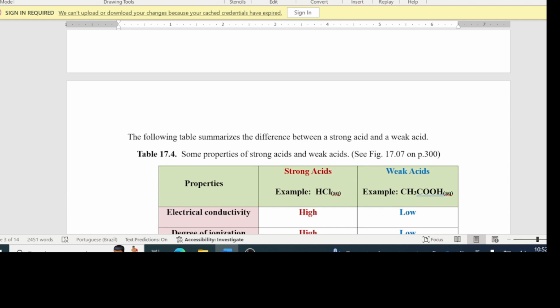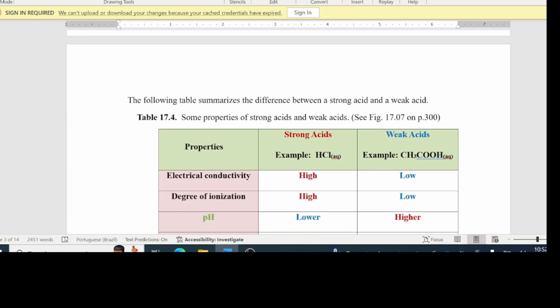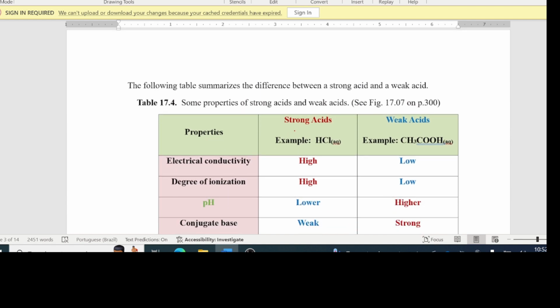What we talk about now, we're going to compare a strong acid with a weak acid. So strong acid, weak acid. In terms of electrical conductivity, because of the high degree of ionization of strong acids, there will be lots of ions in the solution to conduct the electricity, as opposed to this one here, where there are few ions to conduct electricity. So you have high conductivity here and low conductivity here.